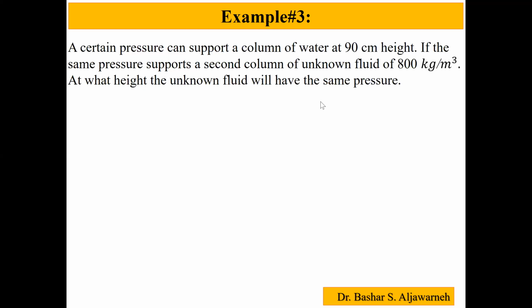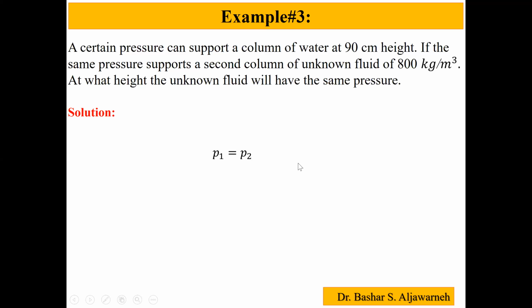Okay. This question is kind of tricky. We are talking about two columns, each one filled with a different fluid, but both of them have the same pressure. Therefore, we can say the pressure at the first column equals the pressure at the second column.